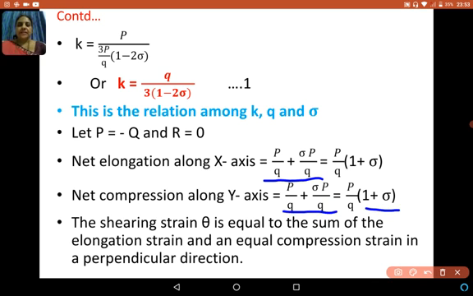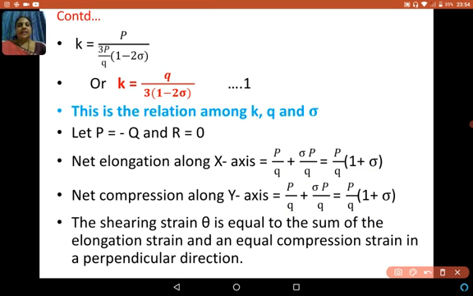And here we have elongation along x-axis and compression along y-axis, and the x and y axes are perpendicular to each other, and we have the same value of elongation and compression in the perpendicular directions.